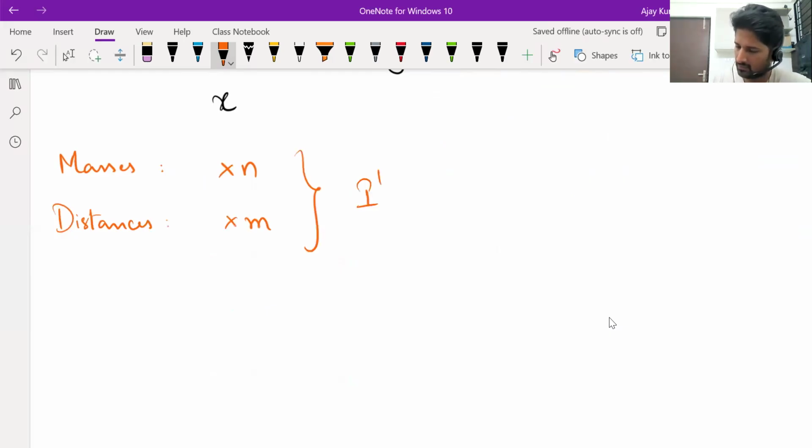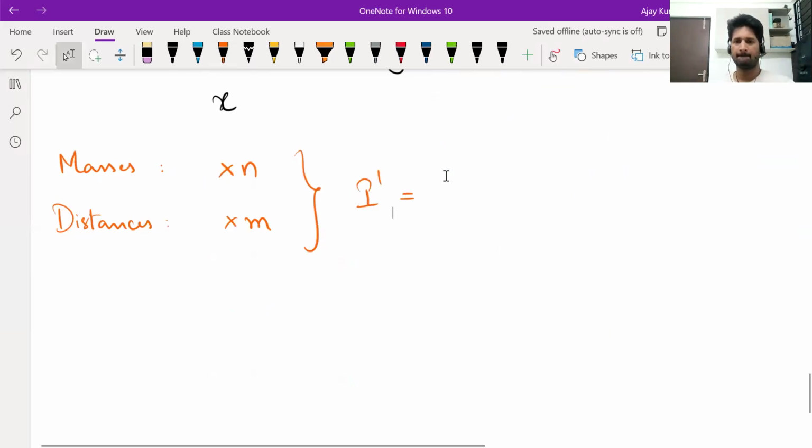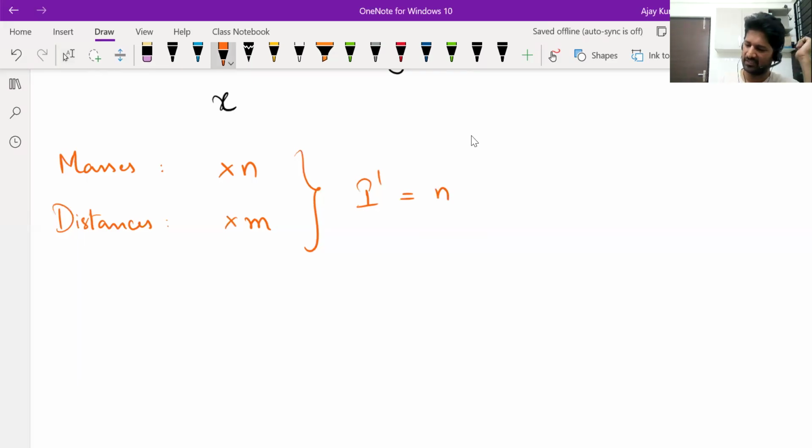Then what will the new moment of inertia be in terms of the earlier one? N m square. Due to masses being multiplied by n, it becomes n times. Due to distances being multiplied by m, it becomes m square times. So it effectively becomes n m square times I.